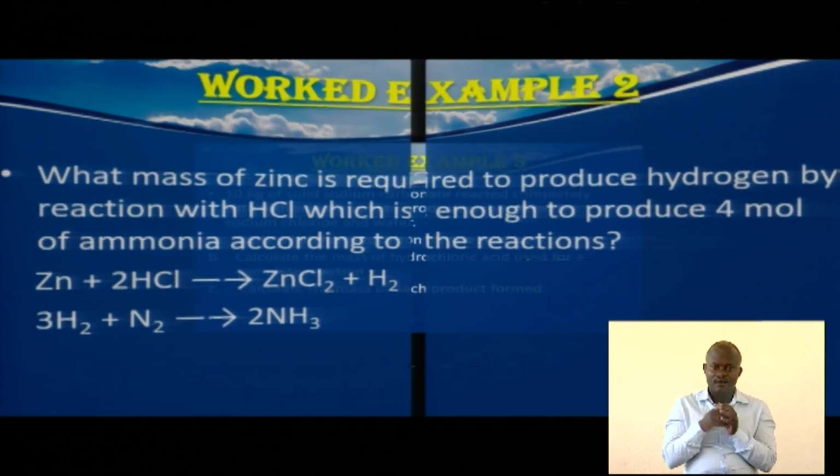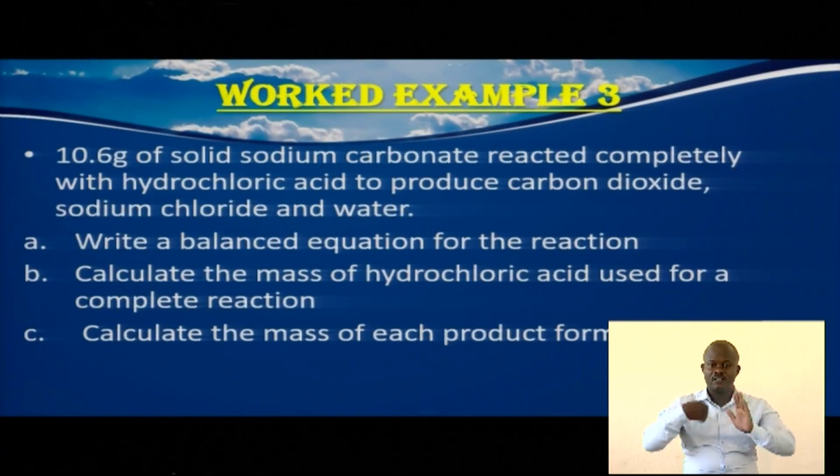And the other example we have is: 10.6 grams of solid sodium carbonate reacted completely with hydrochloric acid to produce carbon dioxide, sodium chloride, and water. This is very simple.